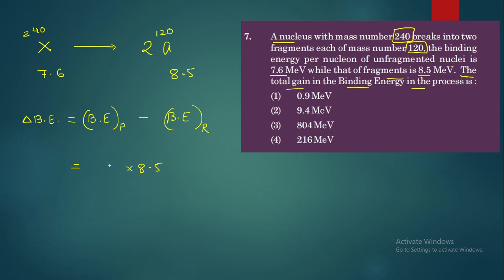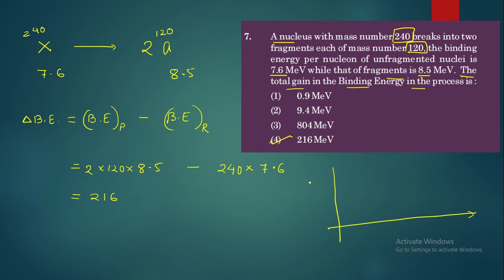How many nucleons are there? 120. How many fragments are there? 2. Then what is the total binding energy of the reactant? Binding energy per unit nucleon is 7.6. How many nucleons are there? 240. And when we solve it, the answer comes out to be 216. That's the correct answer.